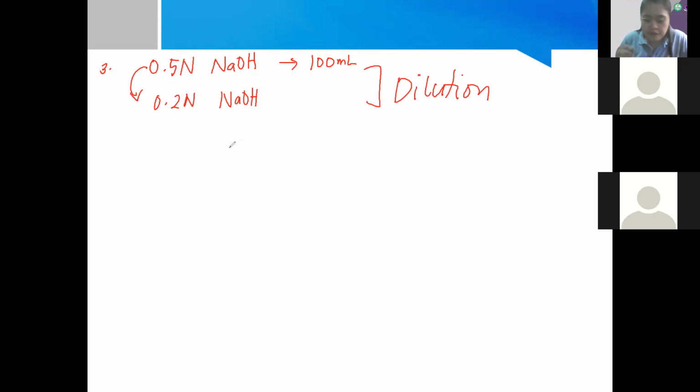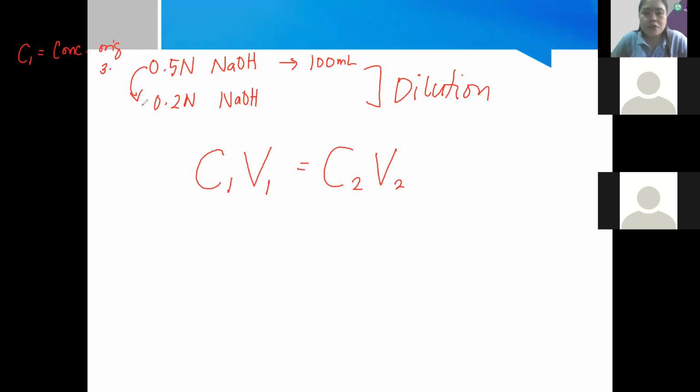So pag if you encounter this kind of problem, pag dilution ang formula always is C1V1 equals C2V2.